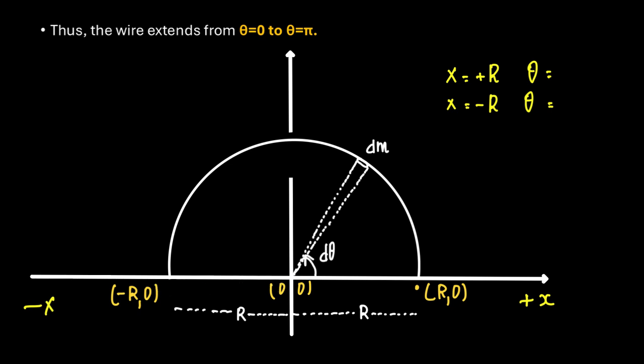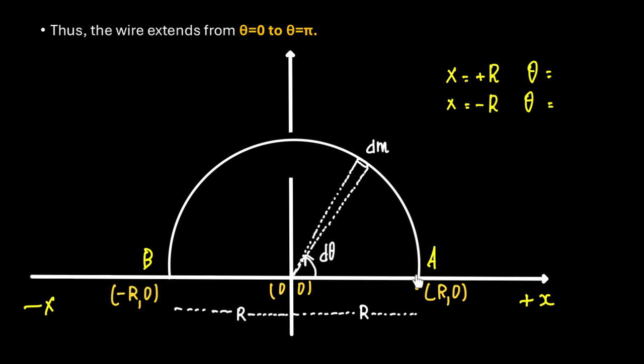All right, I hope that makes sense. Which means the coordinate of this point here, say a, would be r comma 0, and the coordinate of this point b would be minus r comma 0.